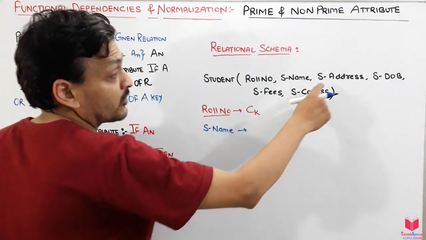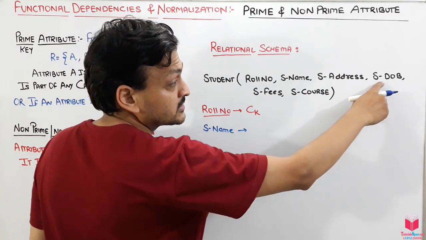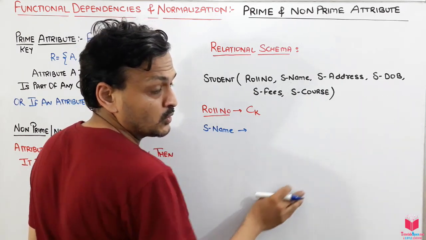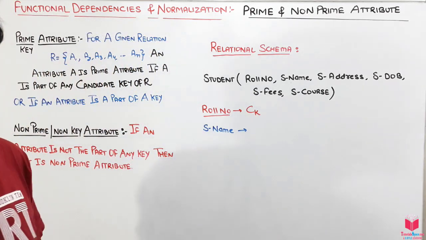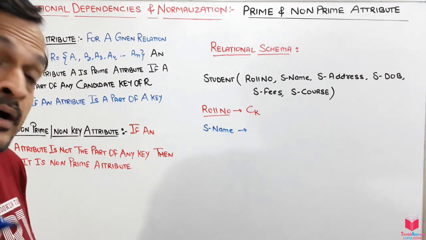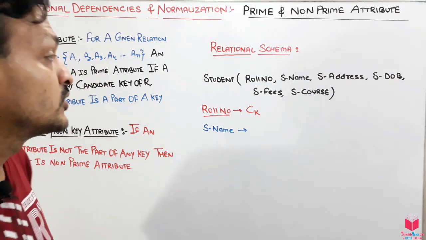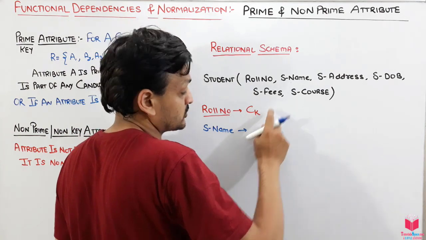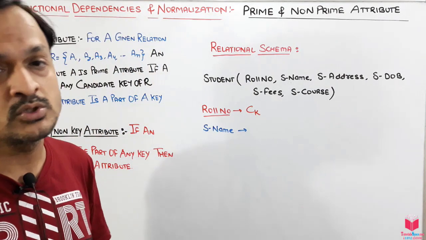From address, no. From date of birth, no, because two students may have the same name and the same date of birth. From student fees, no, and student course, no.